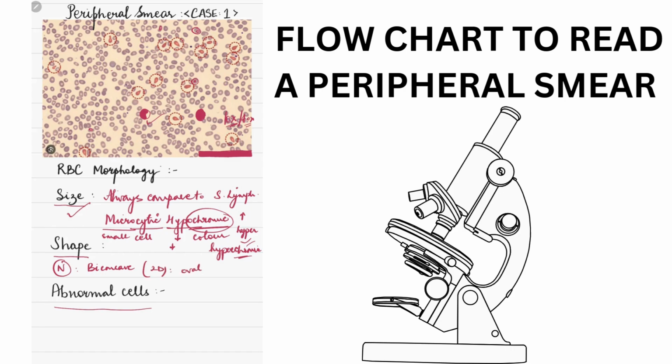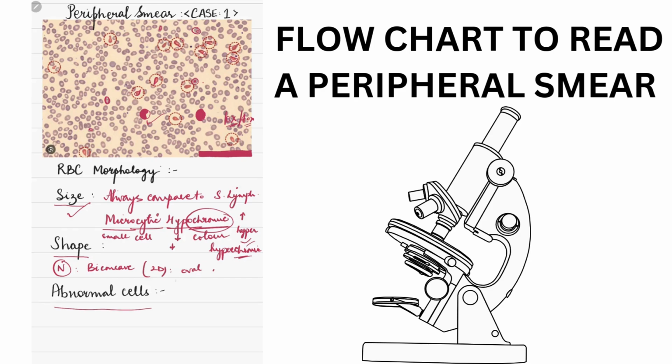So this oval is normal, but as anemia progresses or hemoglobin becomes less, cells assume different morphology. It can be anything. In this, as you can see, these are teardrops, as if tears are coming out of the eyes.